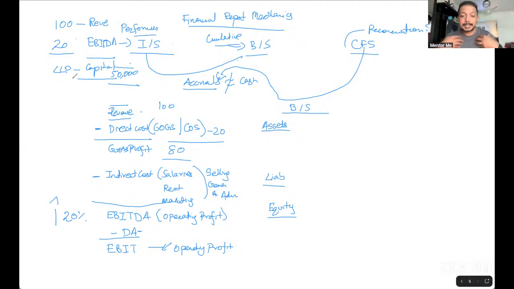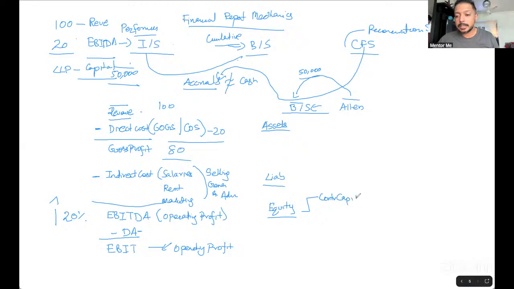Now, as an equity investor, the business and me, we are two different people. So from me, the business has got 50,000. And that's the reason why in equity there's something called the contributed capital.